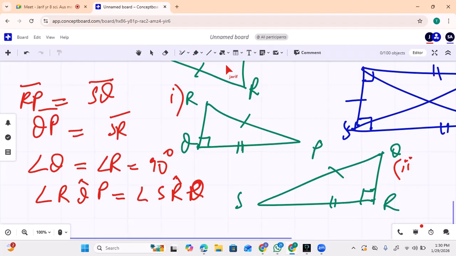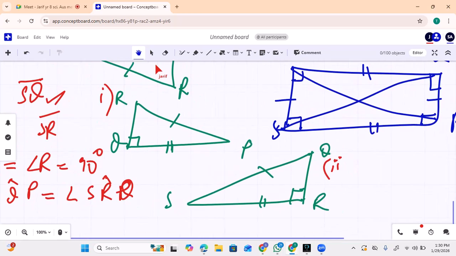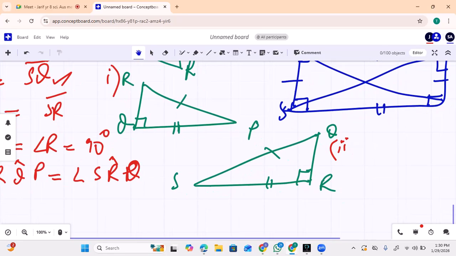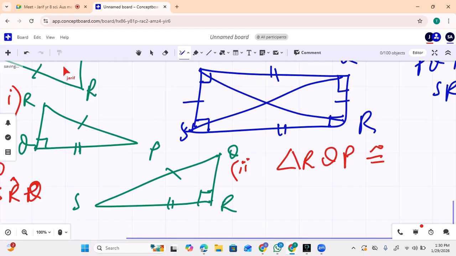So these three things, the sides and the angles, justify that both these triangles, when they are formed from the rectangle and bisected by a perpendicular bisector, are congruent triangles. So hence this proves that triangle RQP is congruent to triangle SRQ.